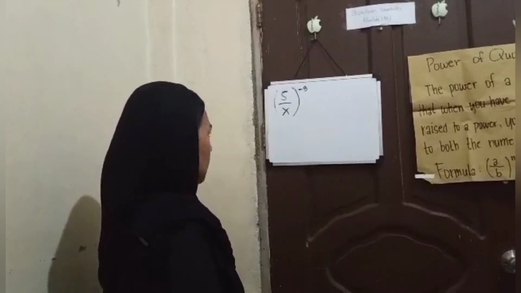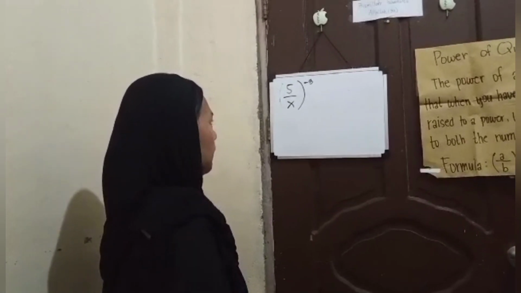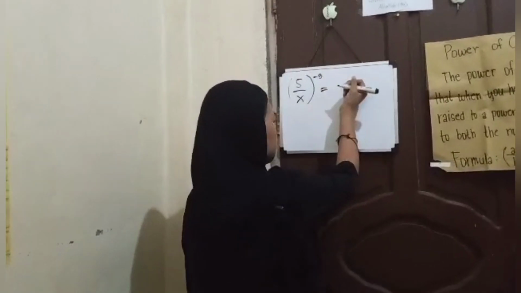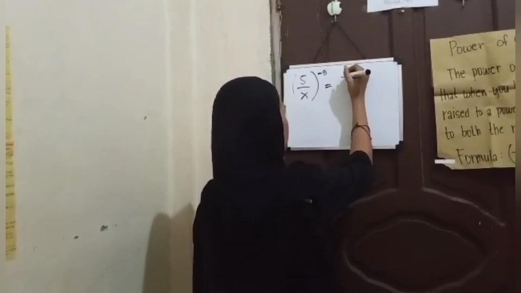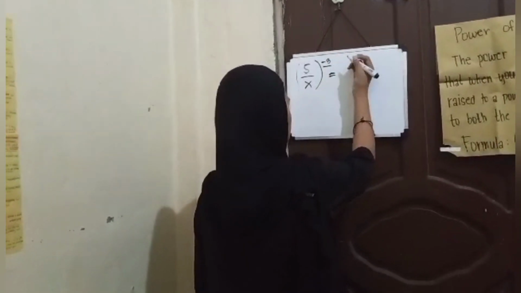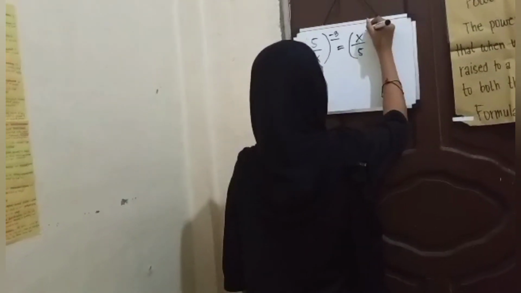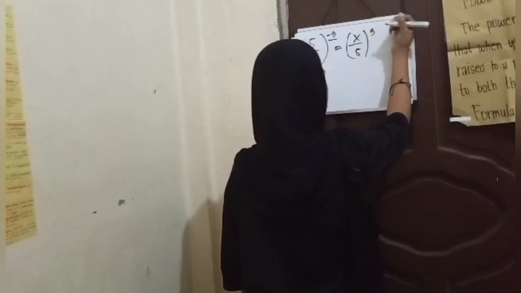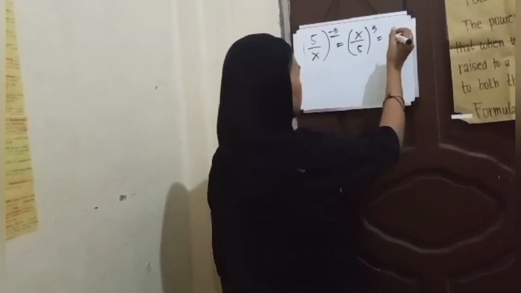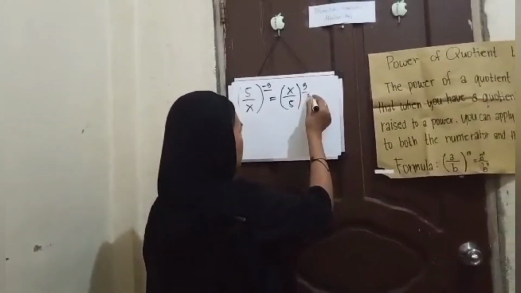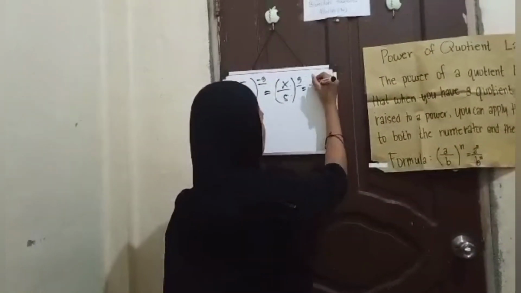Example is this, parenthesis 5 over x, parenthesis raised to the power of negative 3. So take the reciprocal since the power is negative. So x over 5 to the power of 3 equals, so apply the power to both numerator and denominator.